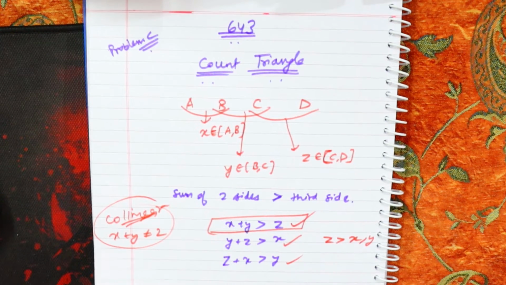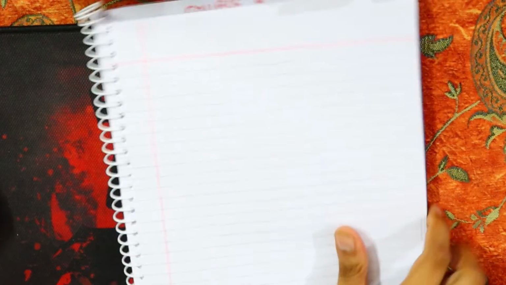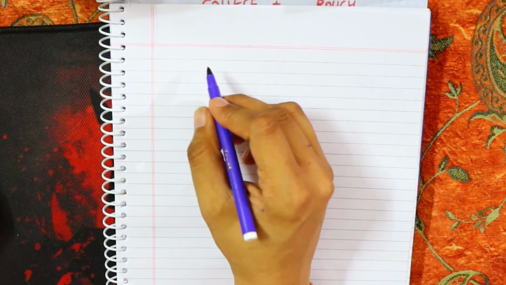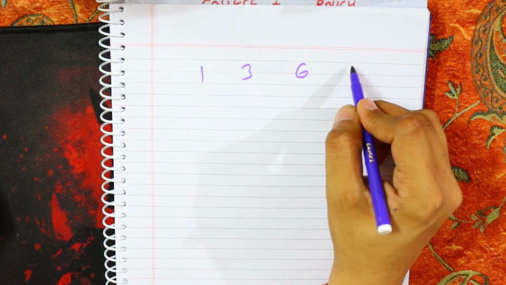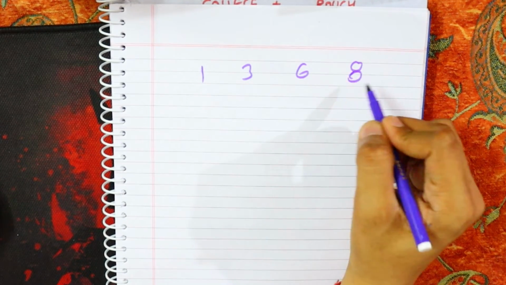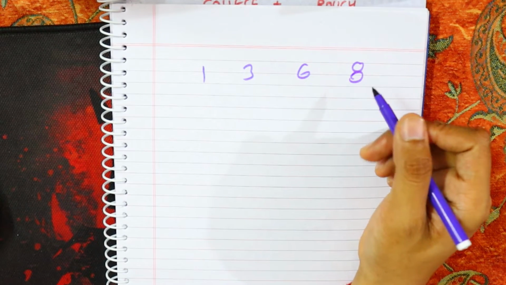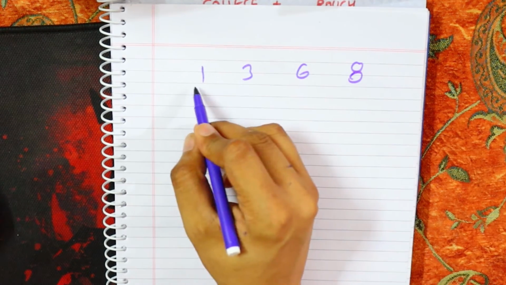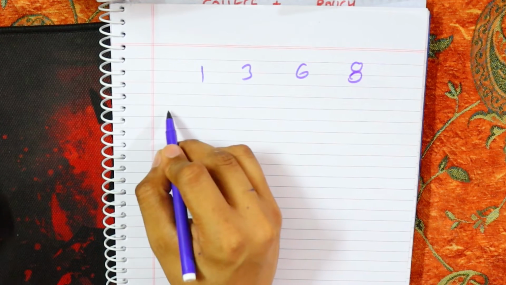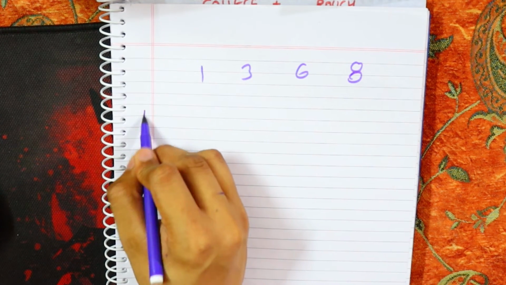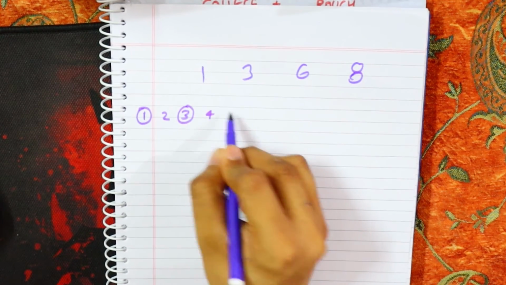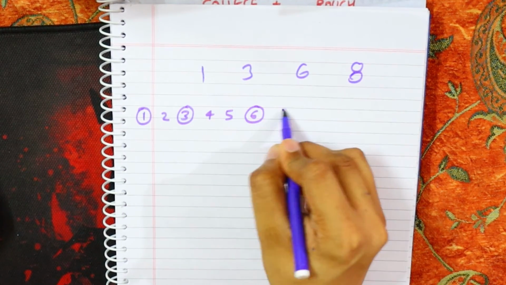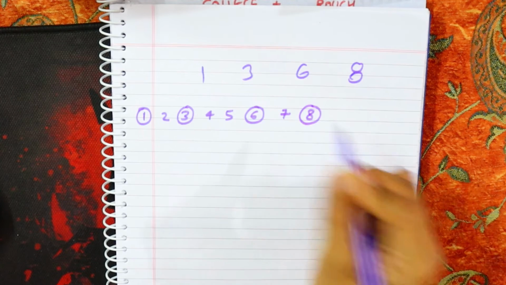So let's have an example, and from that example we will see. Let's take an interval like 1, 3, 6 and 8. I will choose a value from 1 to 3. Let's mark 1, 2, 3, 4, 5, 6, 7 and 8.